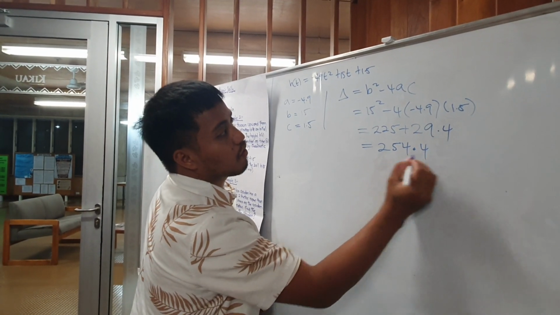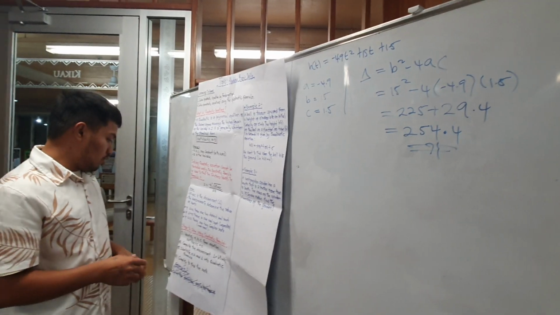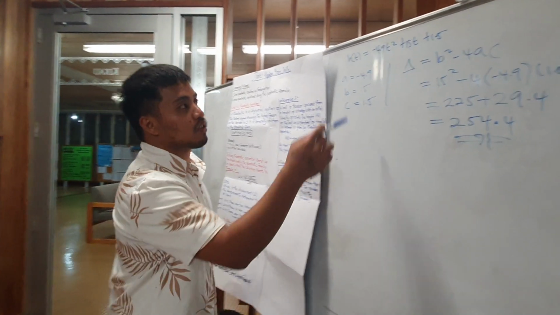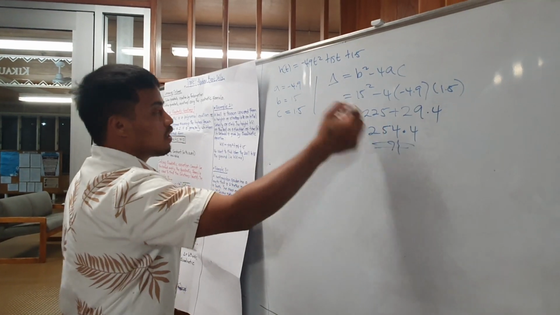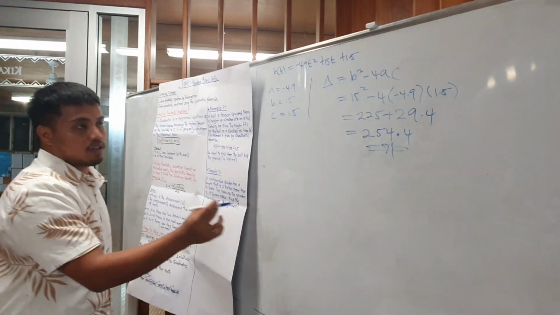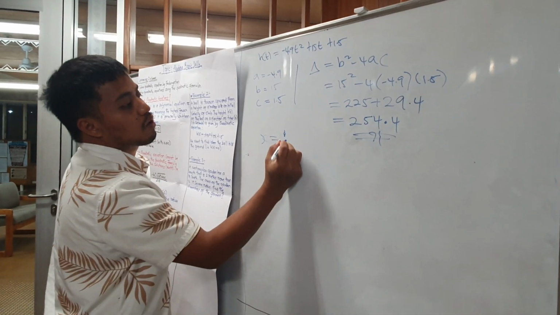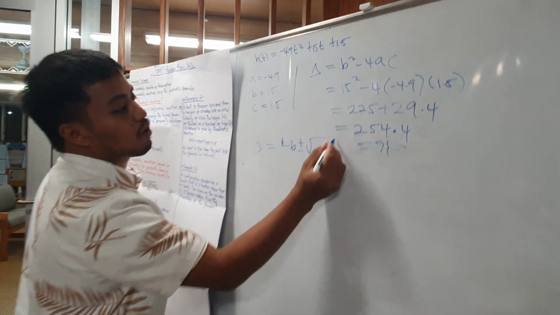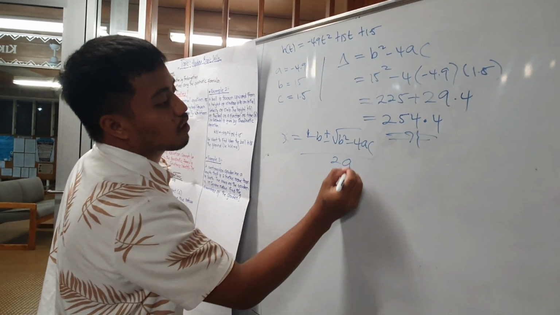54.4. So this is the value of the discriminant. If you get this value, you need to substitute it in the quadratic formula. So x is equal to minus p plus and minus the square root of p squared minus 4ac, over 2a.